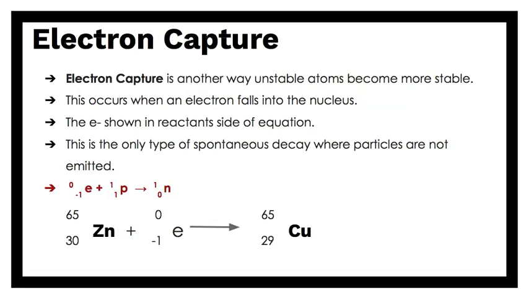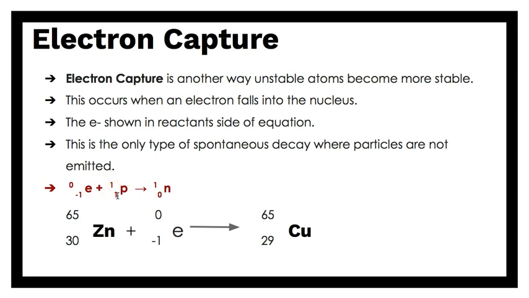Electron capture. It's in the name. Basically, what happens is that one of the electrons from the outside of the nucleus gets injected into the nucleus. It just literally crashes into the nucleus. So during electron capture, you take in an electron. And because the electron is in the nucleus, you could think of it as this electron neutralizing one of the protons.